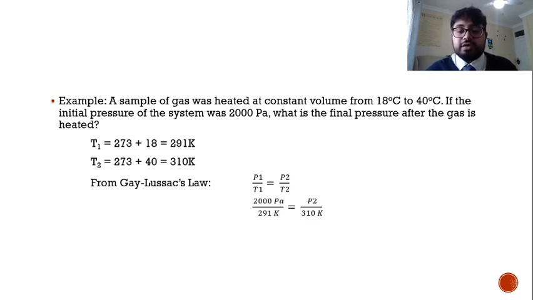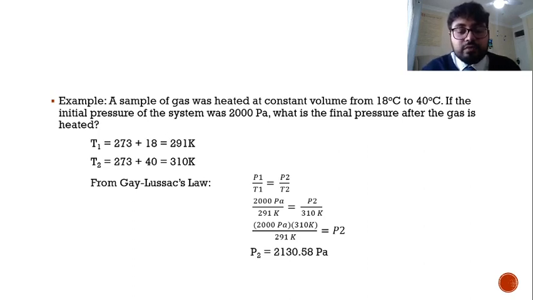We substitute our values in, and we rearrange the formula to get P2 as the subject. We do our maths, and our answer is 2130.58 pascals. Now, because our temperature increased, we can see that we have a pressure increase, which means Gay-Lussac's law is being obeyed.